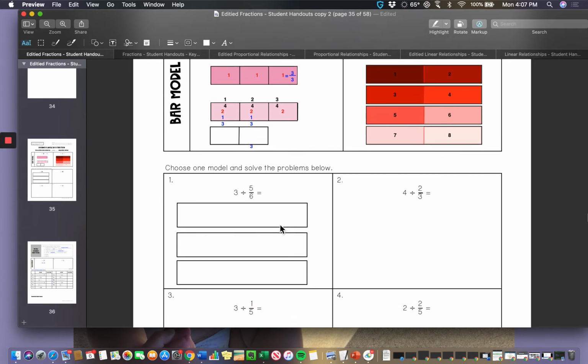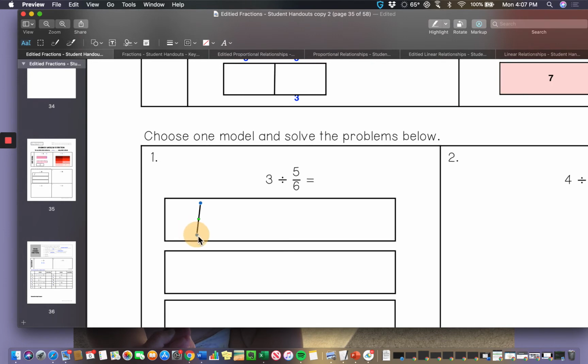And then each of these bars are going to be broken down into sixths. So that means I'm going to need to break each of these bars into 6. And let's see if I can do that fairly quickly. Probably not, I'm going to be honest.